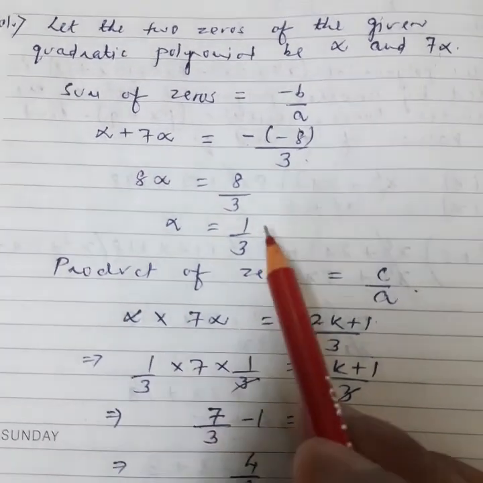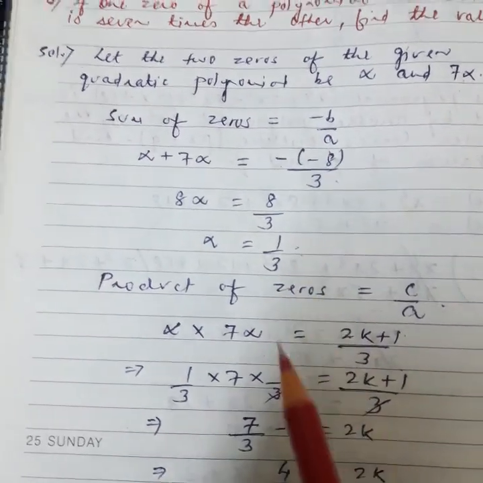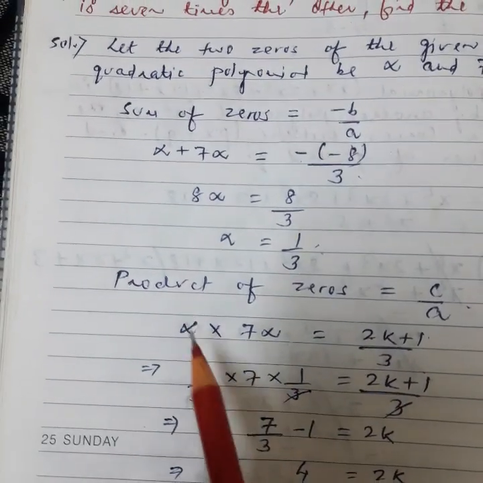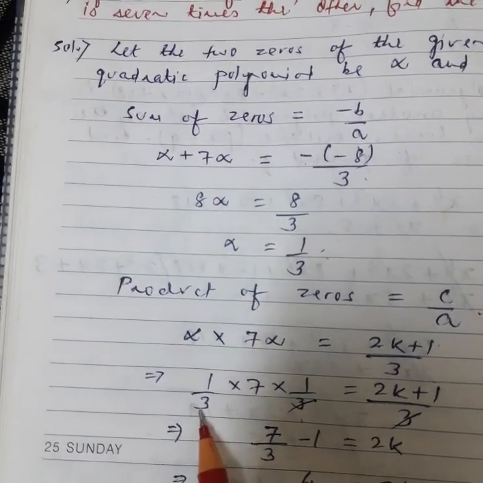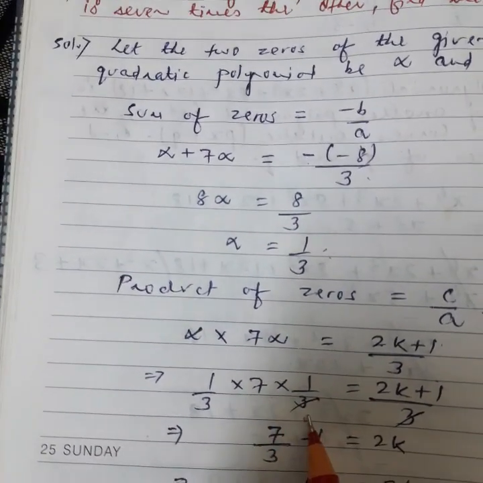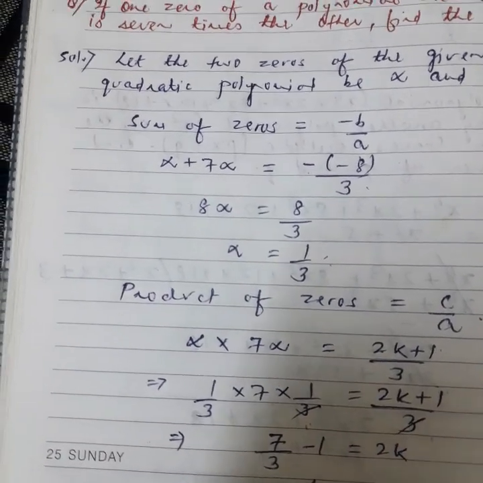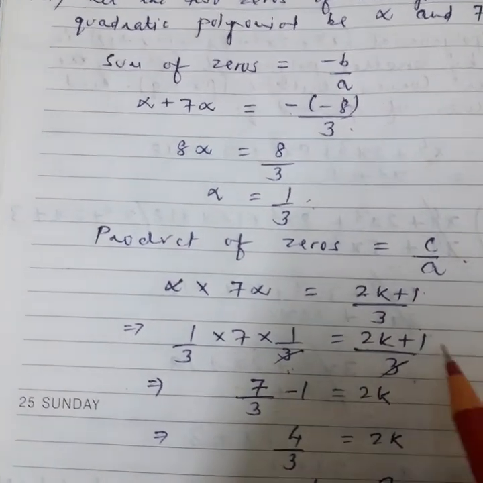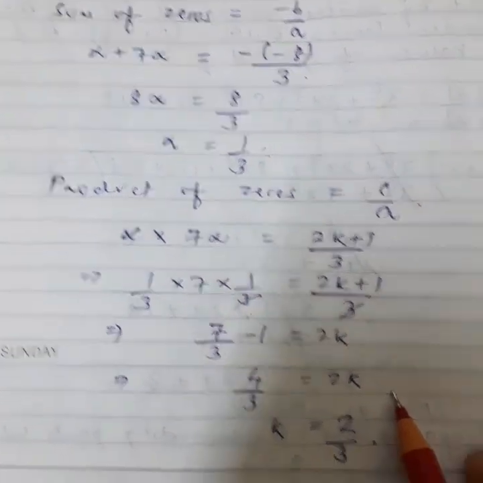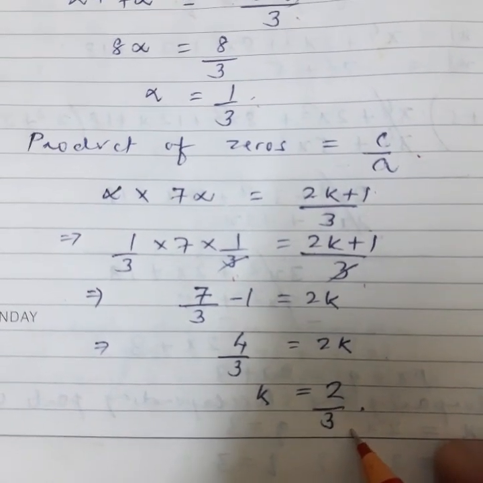Now since we got the value alpha equals 1 by 3, we can use this value here. In place of alpha, put 1 by 3. You will get 1 by 3 into 7 into 1 by 3 equal to 2k plus 1 by 3. Now this is a simple linear equation. On solving this linear equation, you can easily get the value of k is 2 by 3.